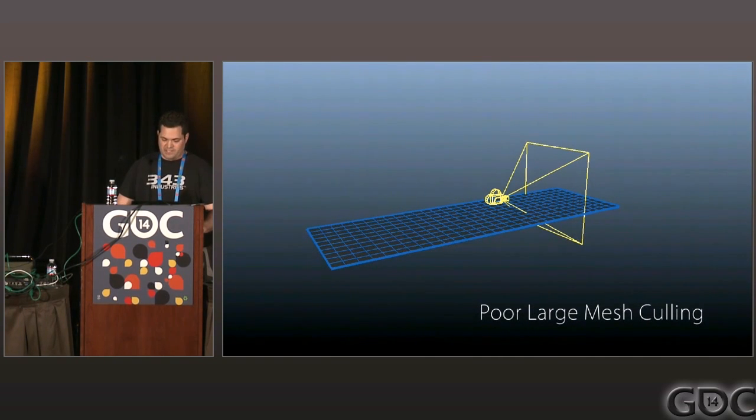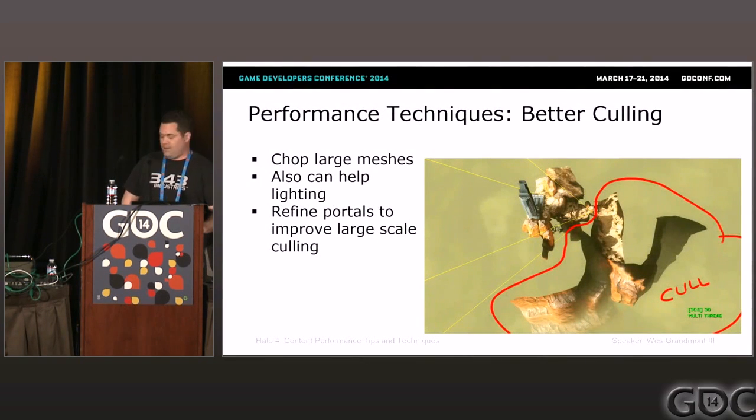An example of this is a mission on Halo 4 where we're in this desert environment. We're riding on this really big vehicle called the Mammoth. And at the end of the Mammoth ride, we jump off, and we're in this grotto that we called Sniper Alley, which you can see here is this little area right here.